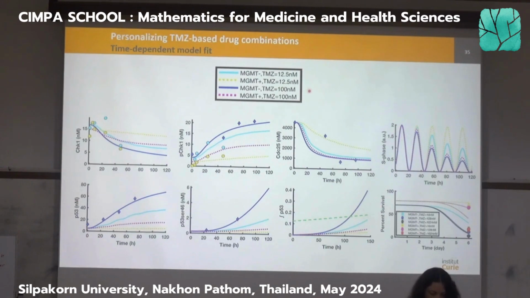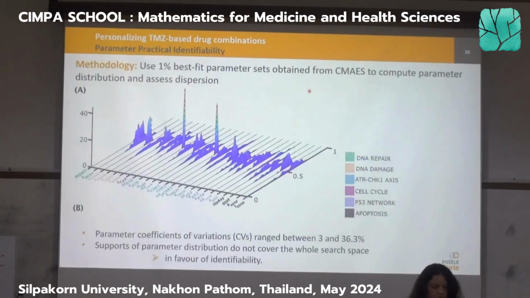Okay, so the next question is, we have estimated our parameters, how reliable is that? Now that we have our parameters, the idea is to have a look at the parameter distribution. One way to do that in this setting is to use not only the optimal parameter set, but also the best ones.